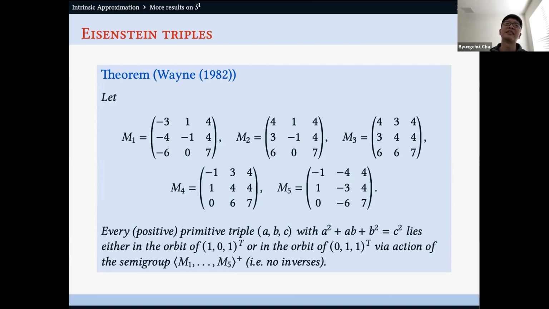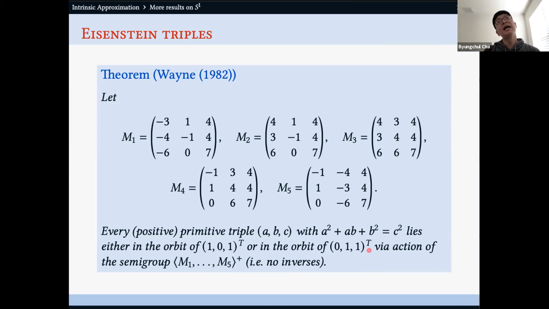The theorem there is exactly the same, namely that if you give yourself these 5 matrices, then every Eisenstein triple, which of course I mean a squared plus ab plus b squared equals c squared, is in the orbit of 101 and 011 via the semigroup action of these 5 matrices.